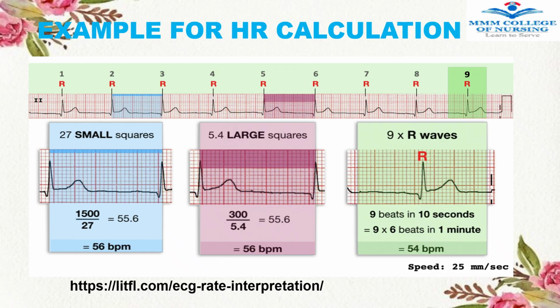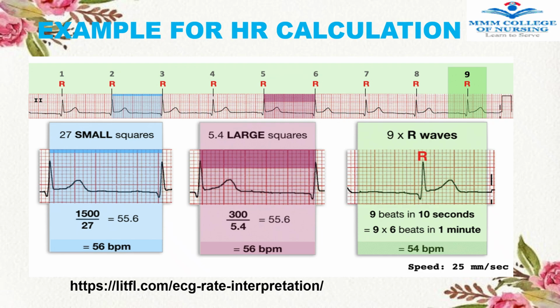So 300 divided by 5.4 gives again 55.6, where we can consider the patient's heart rate as approximately 56 beats per minute. Remember, the heart rate we calculate by these methods is not an accurate heart rate calculation, it is only an approximate heart rate calculation.